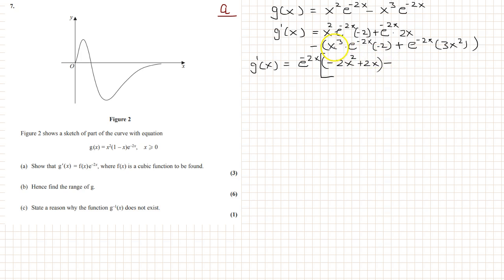This is the first, minus, this is minus 2x cubed plus 3x squared.